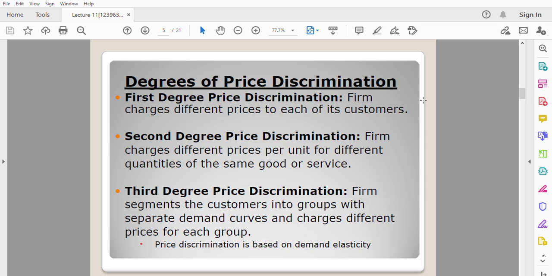And normally the third one is based on demand elasticity. So if you have an inelastic demand for the commodity, then we charge you a very high price. Having an inelastic demand for the commodity means that even if the price increases, you buy almost the same quantity.